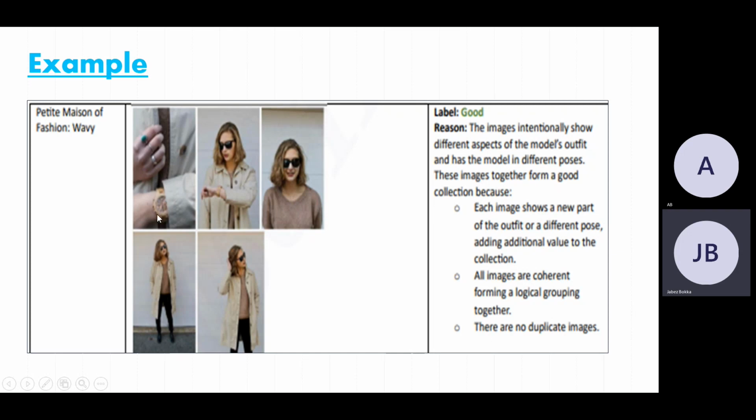The first image is focusing on the watch. The second image is focusing on the goggles, the watch, the outfit and the overcoat. The third image is focusing on the goggles and the t-shirt.